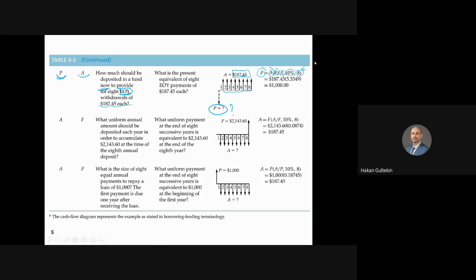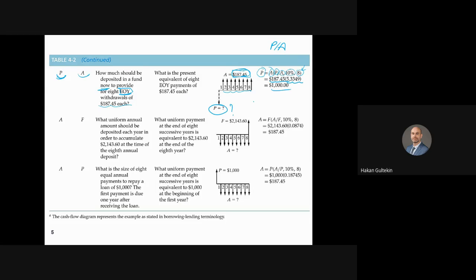But now, if you count the first column, look at the 5th column, which is for P given A. And then you should read this coefficient or this multiplier over here, 5.3349.